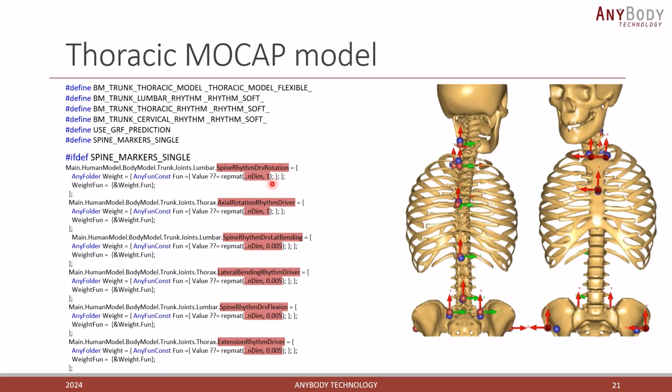So 1 is almost like the same as markers, we can say. And then for the lateral bending and flexion, we have a very low weight of these rhythms. This means that we allow the markers to drive lateral bending and flexion extension, but not the axial rotation. And it's because we only have a single marker here.